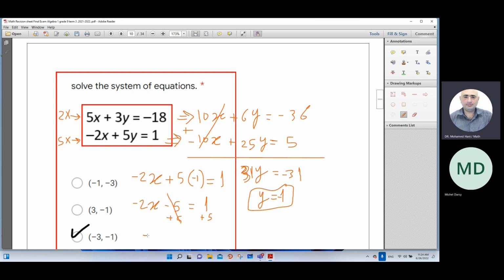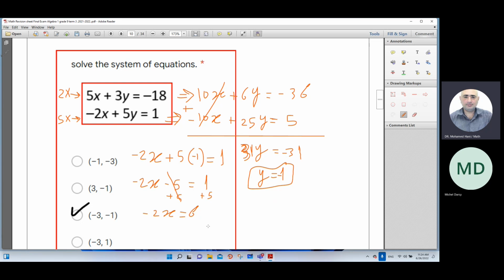So minus 2x equals 6. Divide the two sides by negative 2, so x equals minus 3. So the common solution will be negative 3, negative 1.